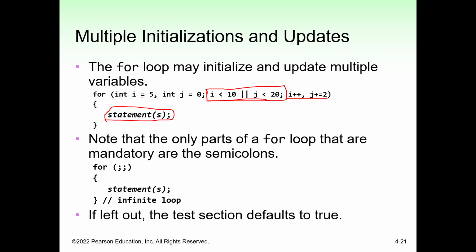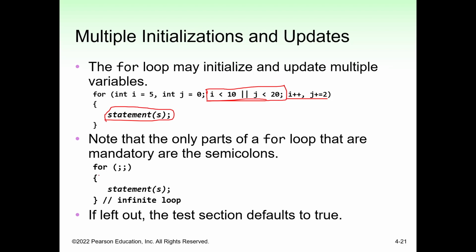So initially, i will get to 10 and j will get to 20. So this way, your loop can exit. And this is a good for loop. This is a good initialization of the variables and the use of a condition and the use of the update section.